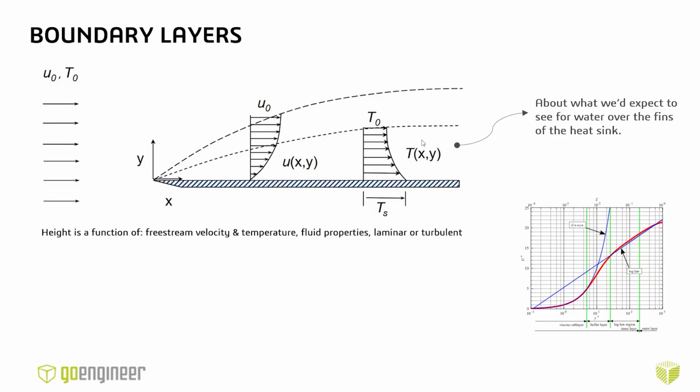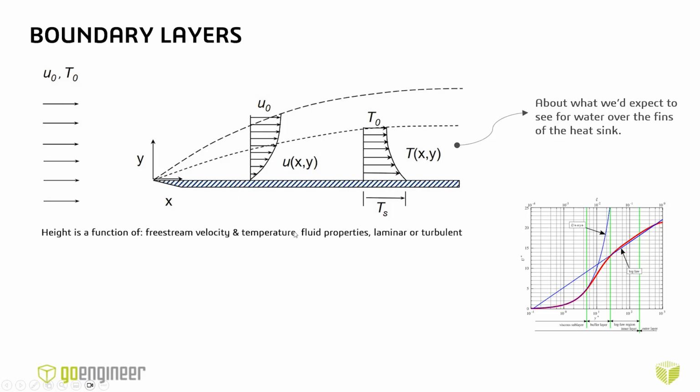These can be different sizes. The size of them depends on fluid viscosity, velocity, laminar and turbulence, etc. For the system we were looking at here, with water flowing over heat sinks, with water flowing over the wall, it would look fairly similar to what we see here. The thermal gradient would be a little bit smaller than the velocity gradient.